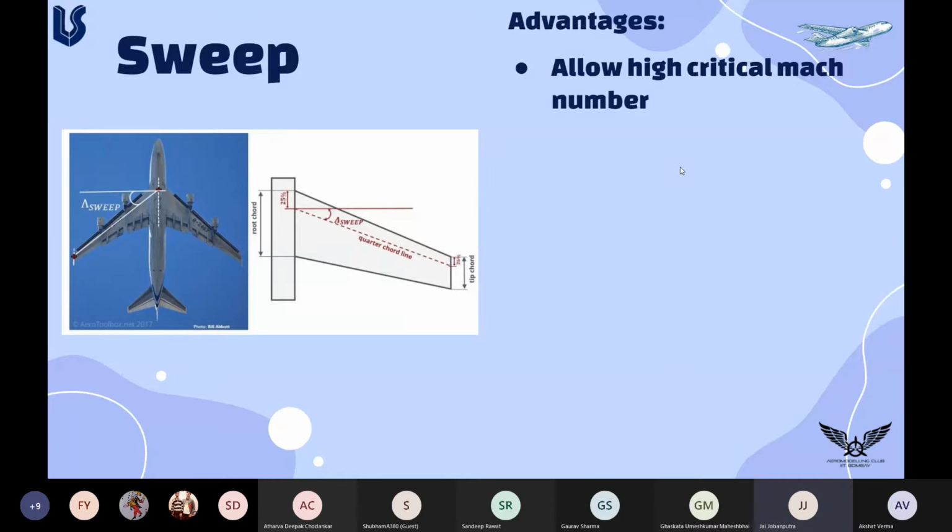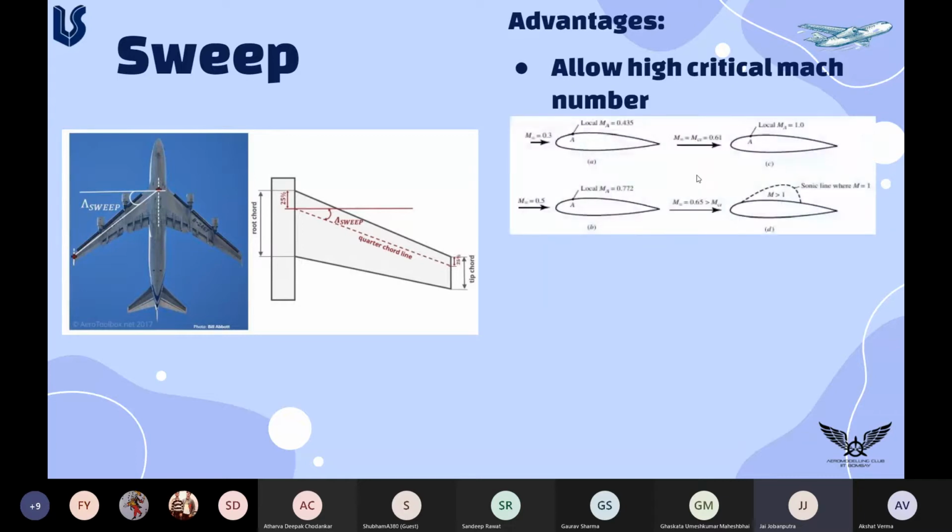Now, your plane is not traveling at Mach 1, but because at one point on your airfoil the air reaches Mach 1, it causes a large amount of wave drag. So the Mach number at which this happens is called the critical Mach number. Wing sweep increases the critical Mach number. How? The wind coming towards the airfoil is now not directly at it, it's at an angle.